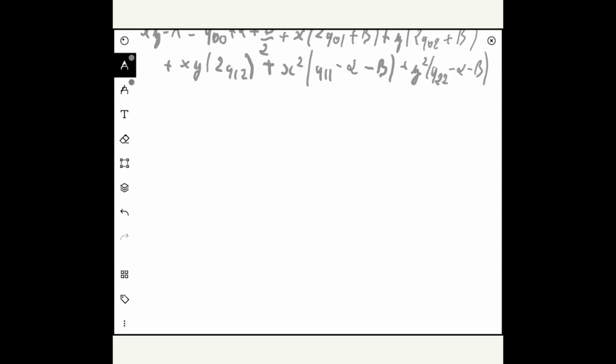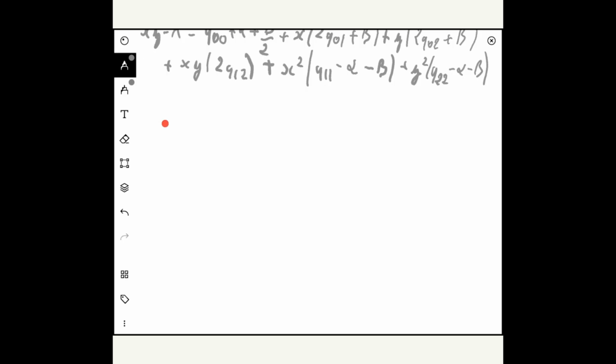If we check the coefficients, basically we have xy, which should be equal to 1, because here it is xy, and the rest is 0.